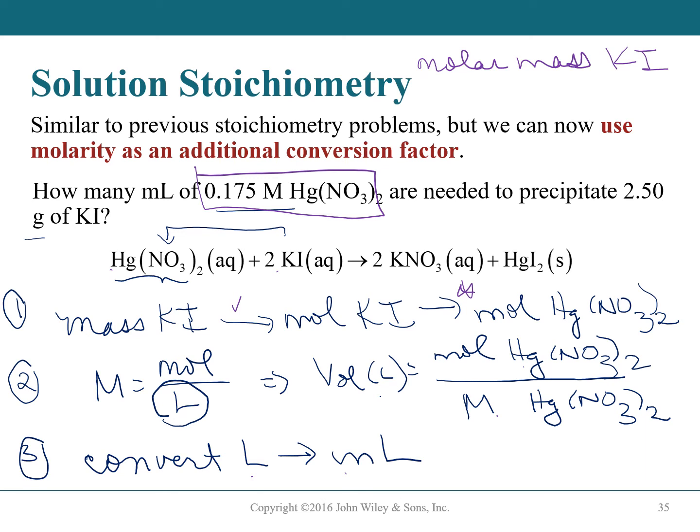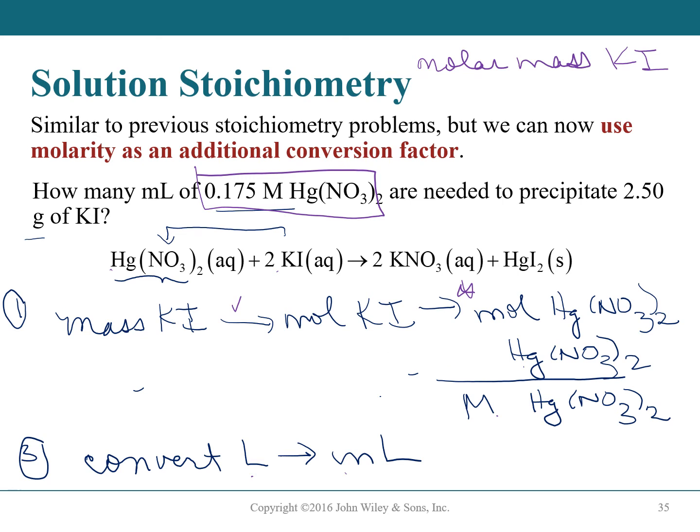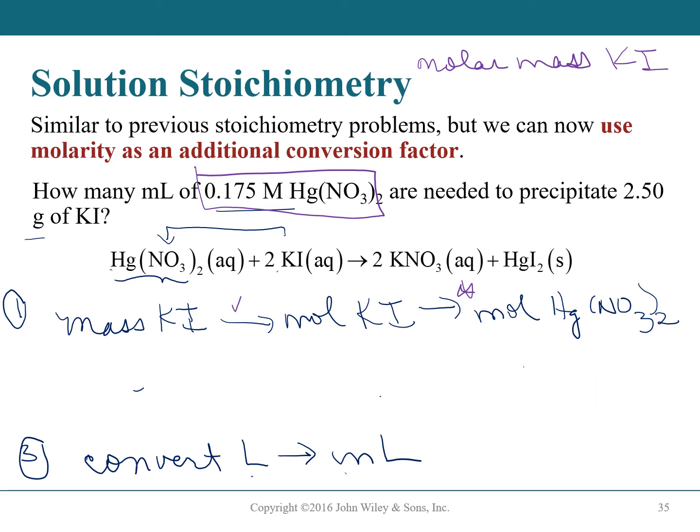So let's start with step 1 first, because I need the molar mass of potassium iodide, so let's take a look. Potassium, I believe, is 39.10, but let's double check. Okay. So potassium iodide is 39.10 plus the iodine is 126.90.